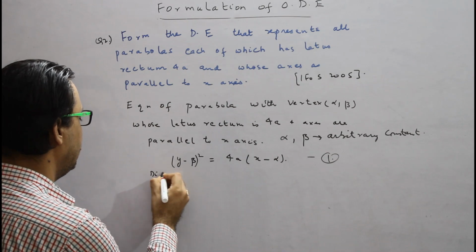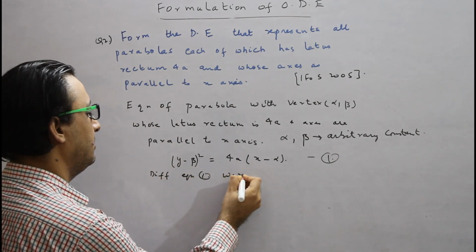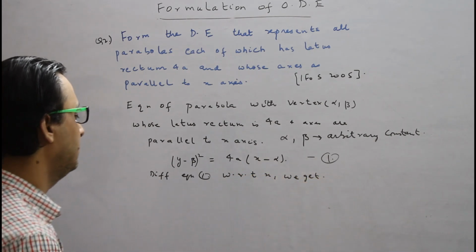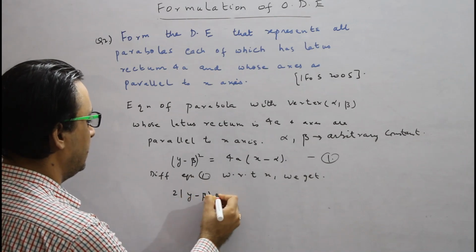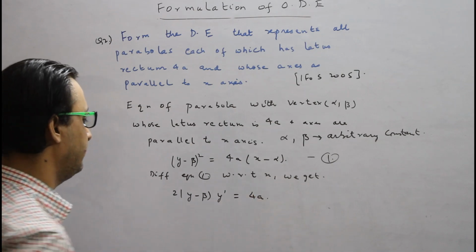So if we differentiate equation 1 with respect to x, we get 2 times (y minus beta) y dash is equal to 4a.